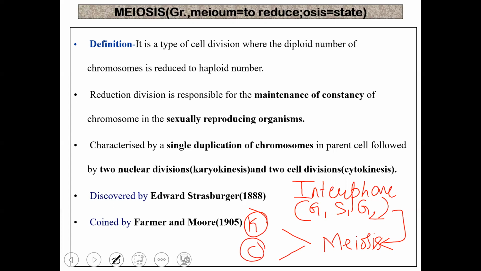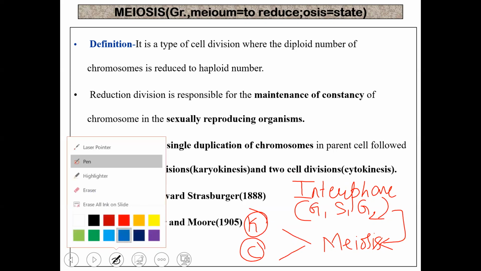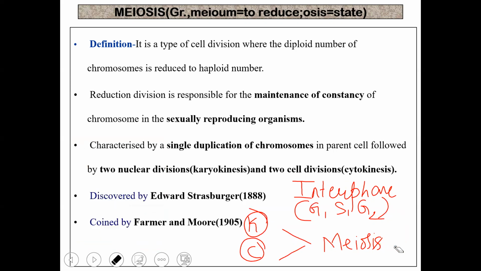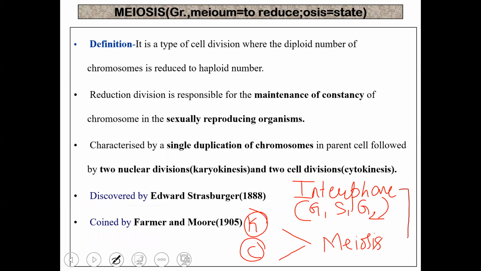But one thing here we need to understand is that meiosis is divided into two steps. It's called as meiosis 1. Meiosis 1 has karyokinesis 1 and cytokinesis 1.